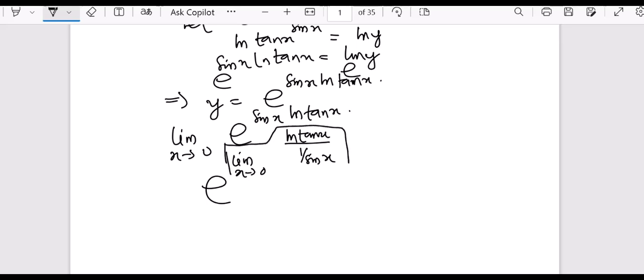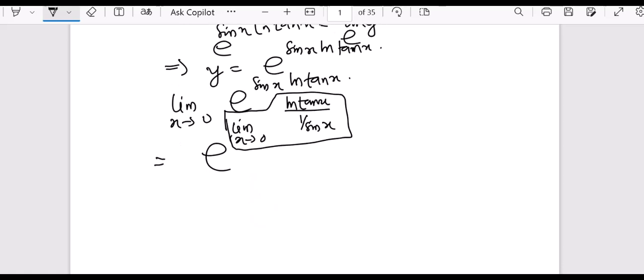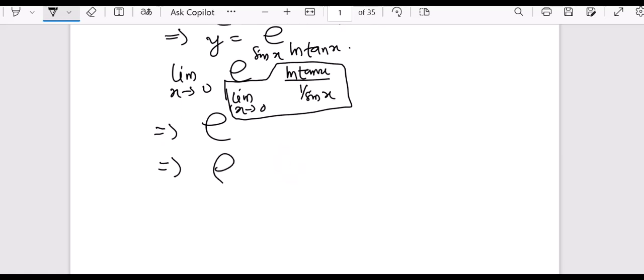Okay, so taking the limit as x goes to 0, that will just mean that we have ln of tan of 0 over 1 over sine 0.